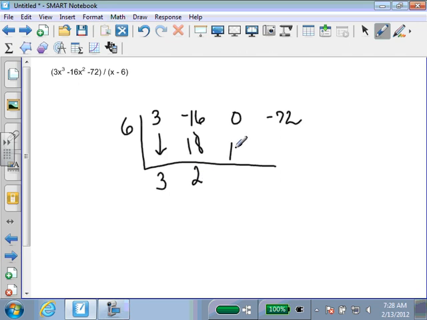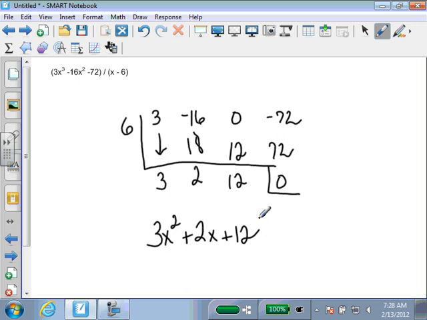Add. Multiply. Add. Multiply. Add. Again, a 0 remainder. That's a lot of what we're looking for when we do synthetic division, a 0 remainder. This is again a third-degree polynomial, so this is a second-degree polynomial. Our quotient is 3x squared plus 2x plus 12.